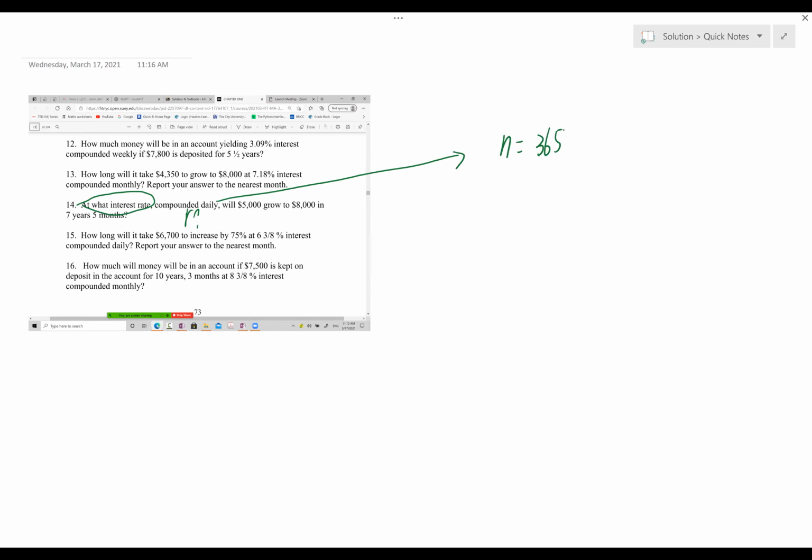We also know the principal is $5,000, the ending balance is $8,000, and the time t is 7 years and 5 months. You turn that into a mixed number, 7 and 5 over 12 years, and then into an improper fraction by multiplying the whole number by the denominator: 7 times 12 is 84, adding 5 is 89, so 89 over 12 years.